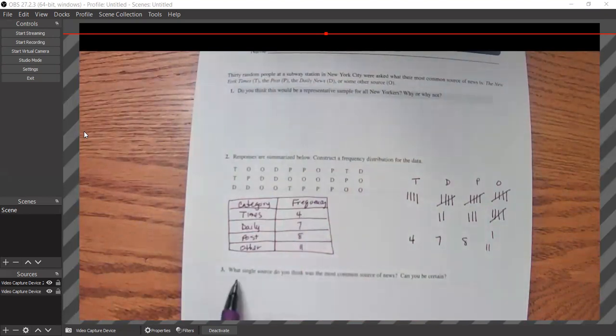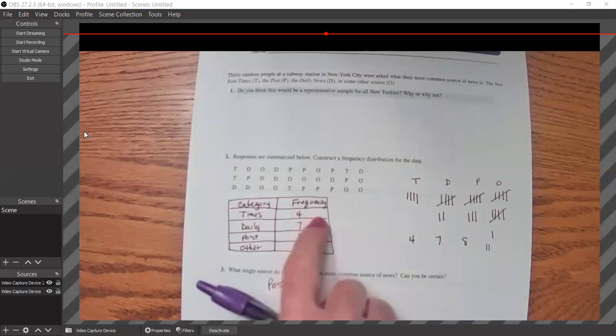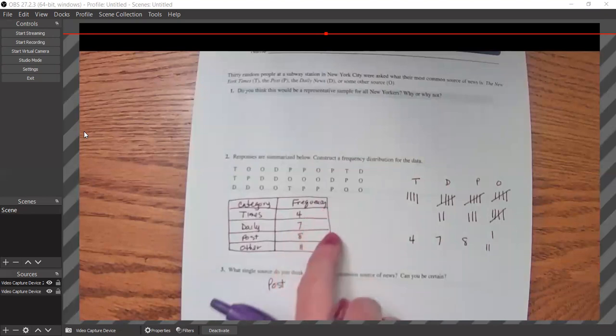Yep. So what single source do you think was the most common source of news? Well, probably the Post, because 8 of those 30 people picked the Post. Now, the Other category says 11, and that includes all other categories. If there was a newspaper as popular as the Times, the Daily News, and the Post, you'd think it would have gotten its own category.